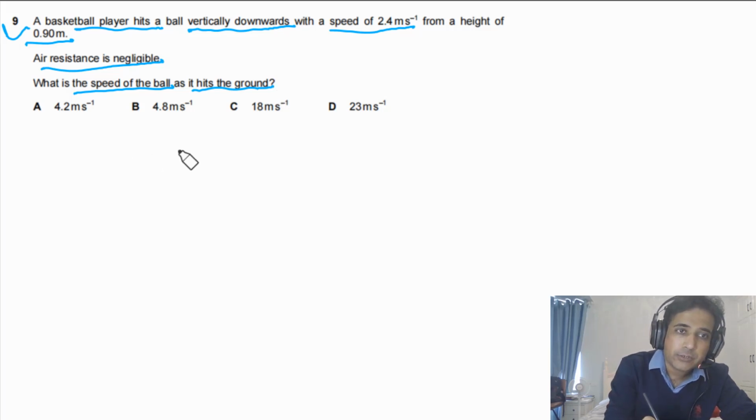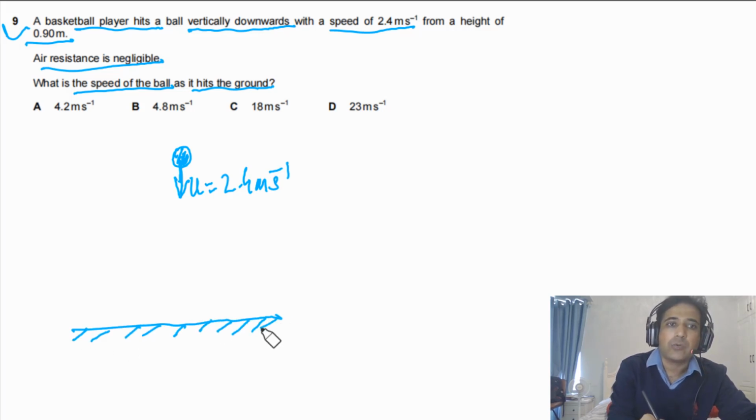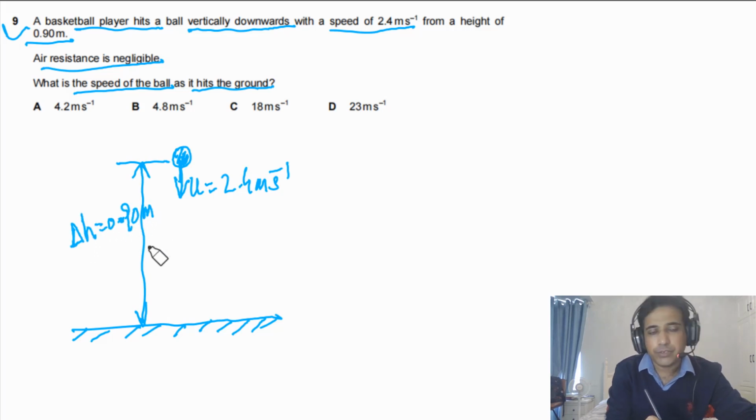So the best way to answer this question is you can sketch first of all. So it is given to us initial speed u, that is equal to 2.4 meters per second. We can also imagine this one is the ground, so you can draw here, this is the ground, and the height from the ground is given, so we can say this is delta h, and the value of this one is equal to 0.90 meters.